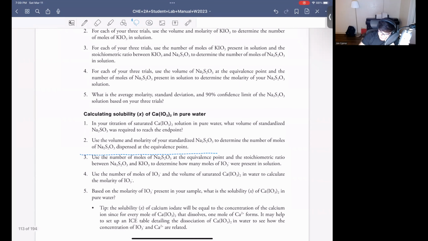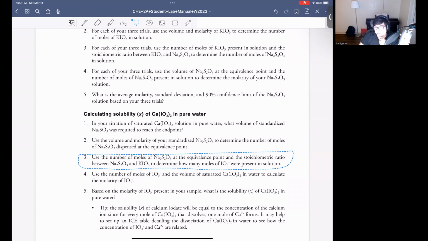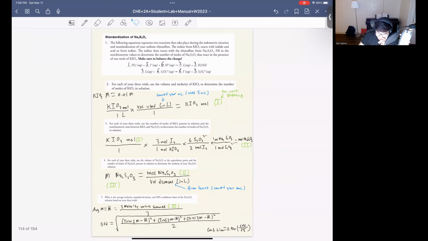Now you want to use the number of moles and the stoichiometric ratio to determine how many moles of IO3, iodate, were present. So we're going to refer back to the first equation, right? Really what you're doing is this, but backwards.